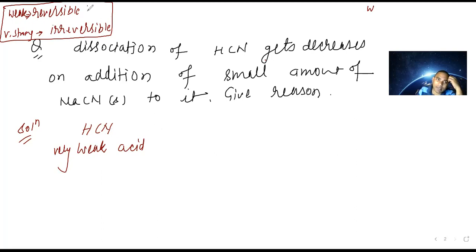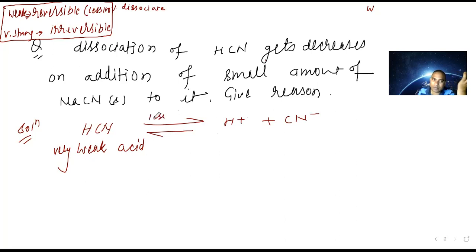Weak electrolyte means less than 100% dissociated. If it is less than 100% dissociated, what could be the reason? Some of the H plus ion and CN minus ion are again combining to give HCN. Yes or no? That is why it is less than 100% ionized.